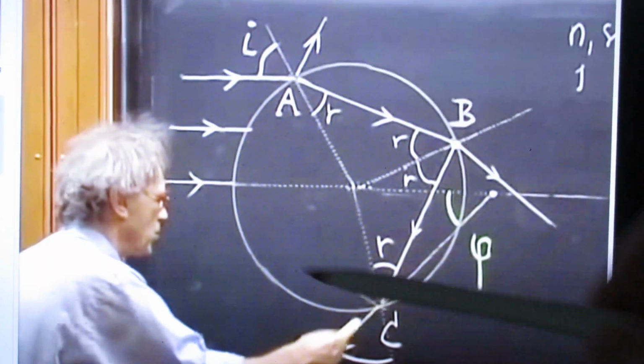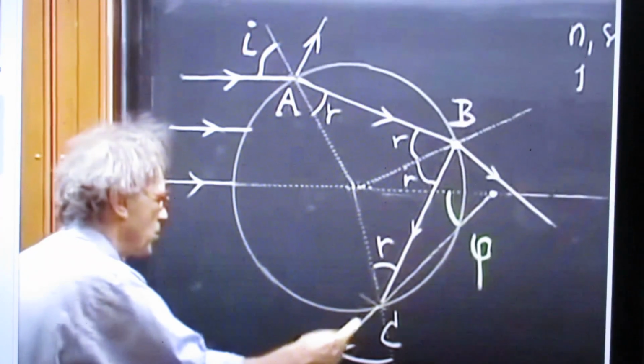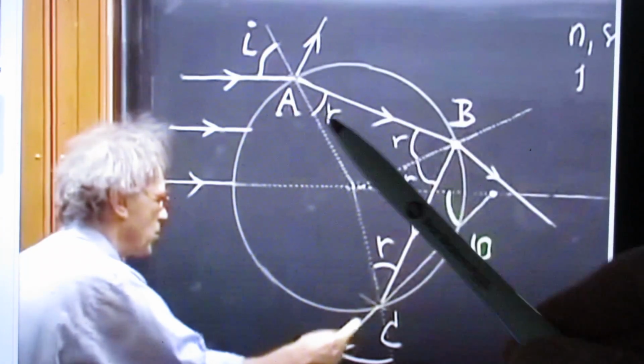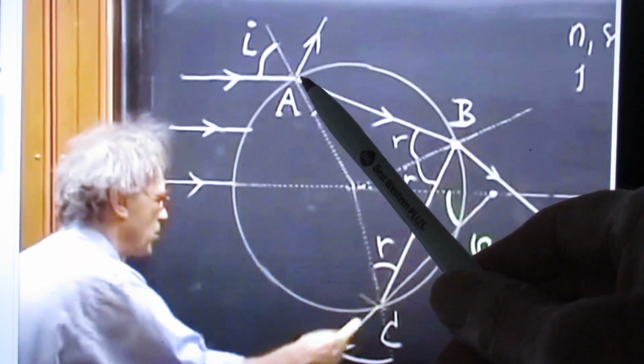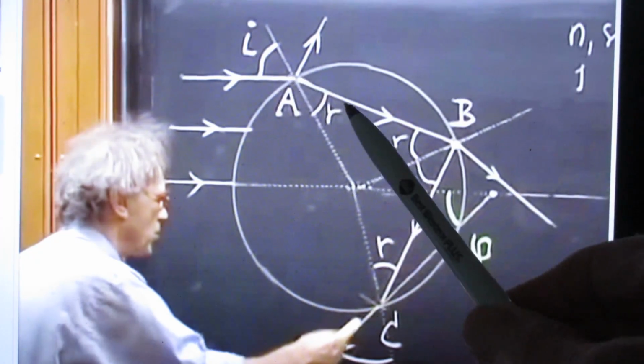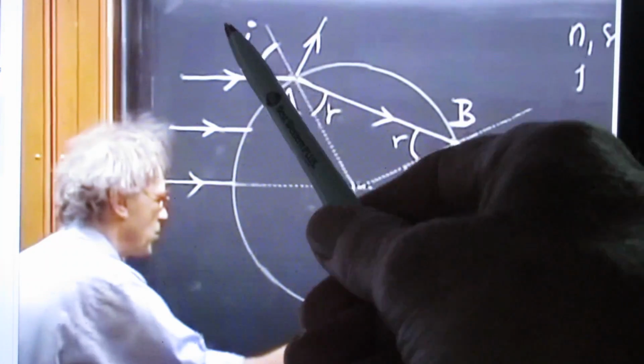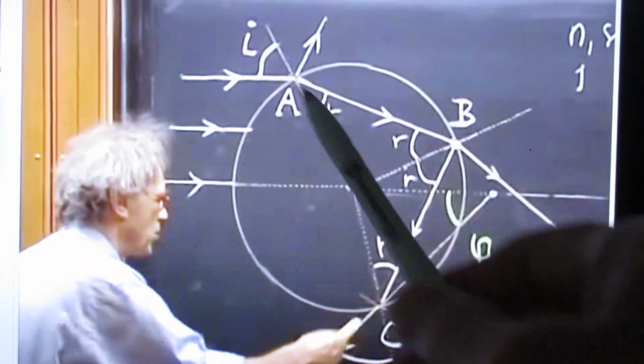Light enters the raindrops, this I chose only one raindrop, at an angle of incidence I, is then refracted into the water, and I and R obey Snell's law.